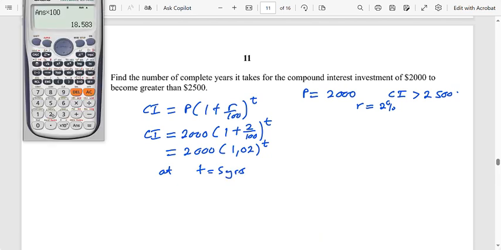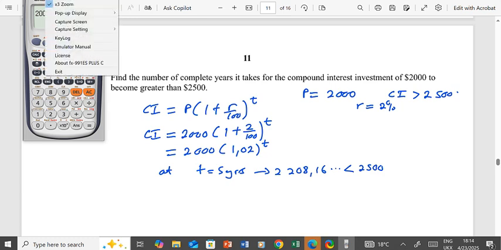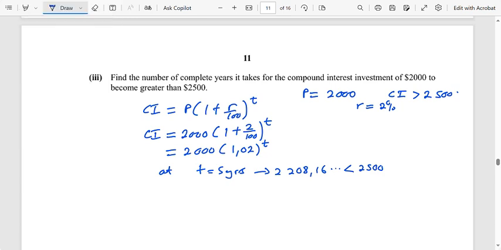At T equal to 5 years, we have 2,000, open bracket, 1.02 to the power 5. We can see that this is 2,208.16 something, which is less than 2,500. So 5 years is still less.